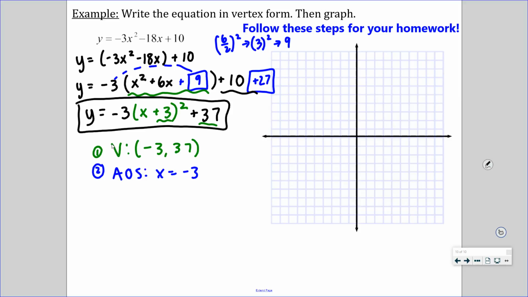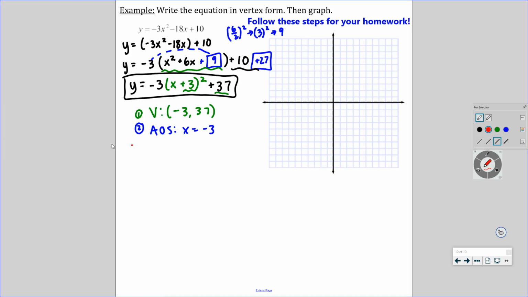And then the third thing we find, anyone remember? The x-intercepts. Yes, the x-intercepts, good. The x-intercepts, which is when y is 0. So we just plug 0 into our vertex form.